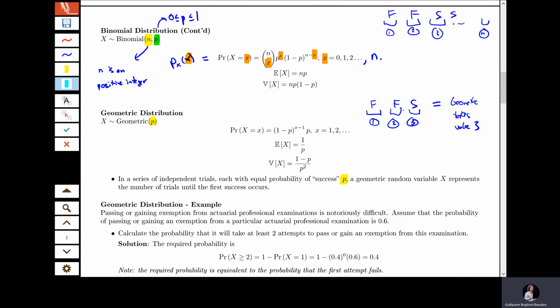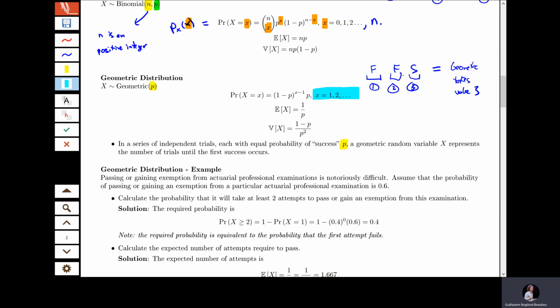And then you know that x here takes values 1 as the minimum, because you need at least 1 trial to have 1 success, then 2, 3, and there's no set endpoint, because in theory you can take an infinite number of trials. Of course, this has a very, very low probability as the number grows, but still, in principle, any number of trials might be necessary to get the first success.